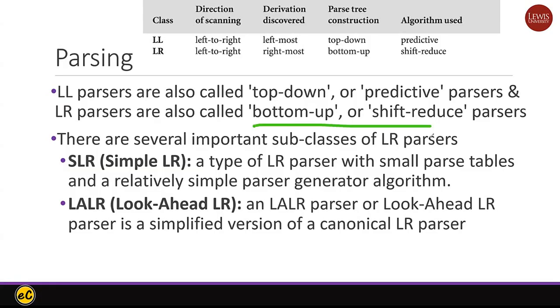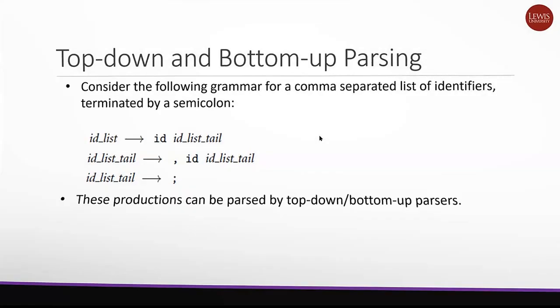That's called bottom-up grammar. The kind of grammar that can be linear or near linear is called simple LR or LALR, look-ahead LR parsers. These are a special type that can be processed in a more efficient way.